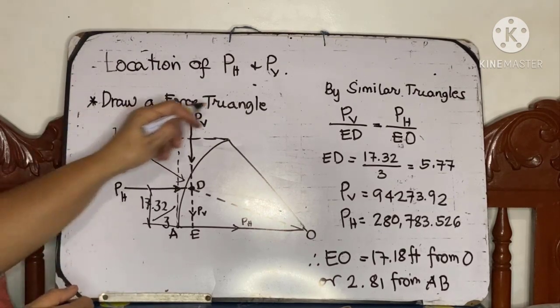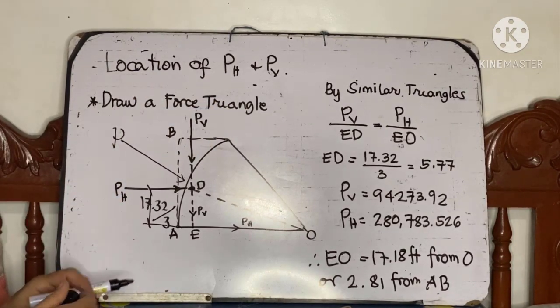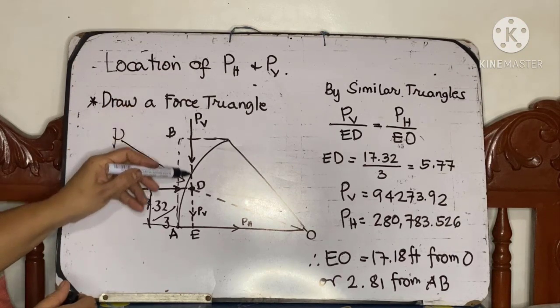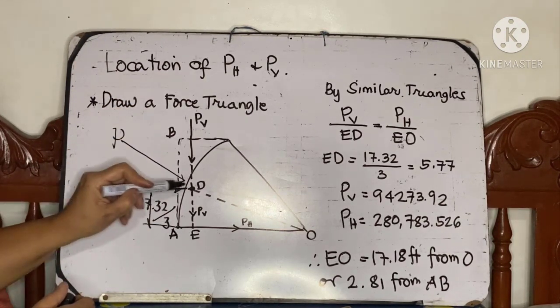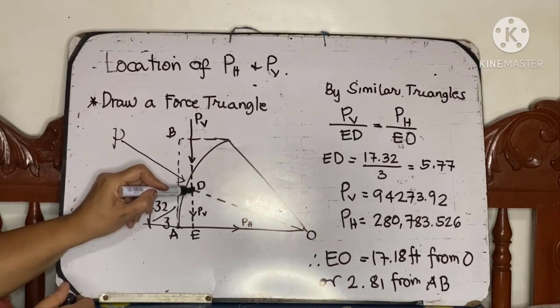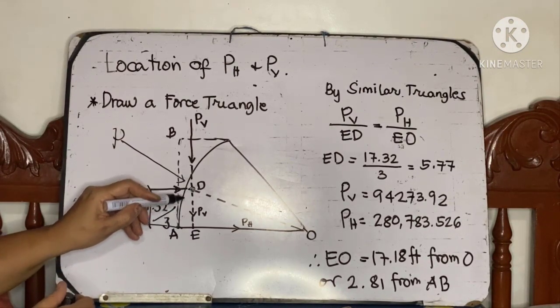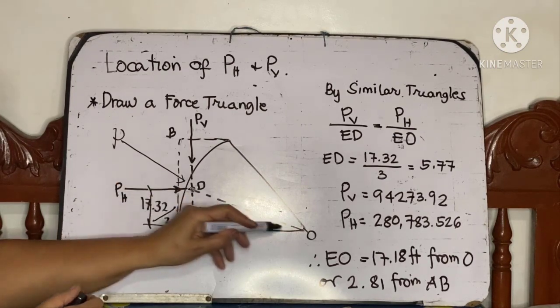So nag-drawing tayo ng force triangle. Okay? So this PV first through this vertical, this pH first through this horizontal line, and they meet at point D. Okay? So ngayon, meron tayong triangle.